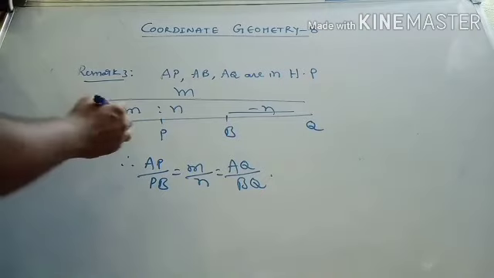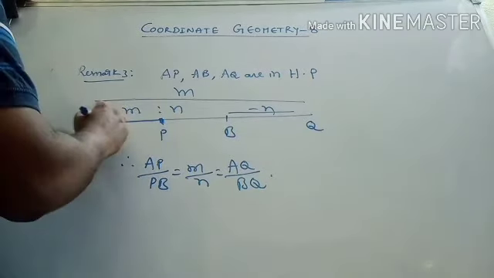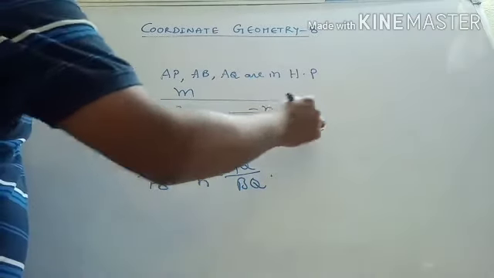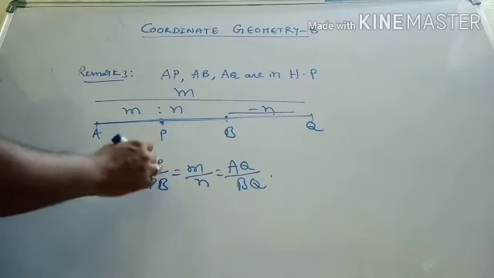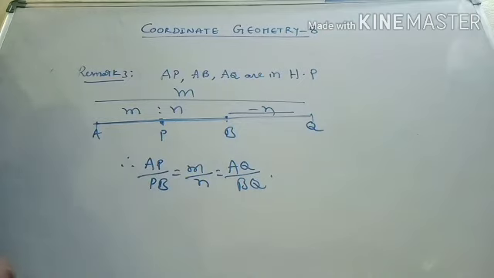We have AP, AB, AQ, they are all in harmonic progression, and we have AP by PB equal to m by n, that equals AQ by BQ. These are very, very important remarks that will be useful while doing the problems, right?